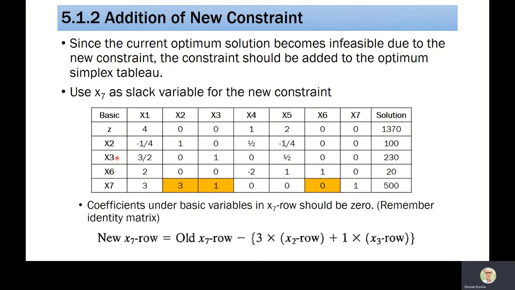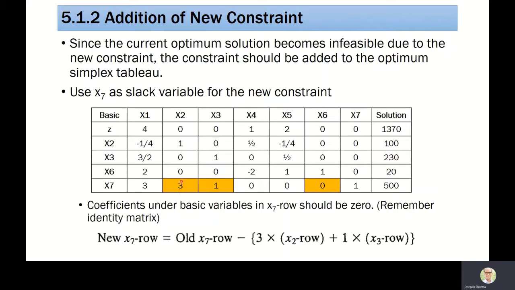Similarly, the second basic variable is x3. So we have 0, 1, 0, and this is 1. This should be 0 because it should be the coefficient of the identity matrix. Similarly, if we look at x6, here it is the identity matrix, so no issues. x7 is also the coefficient of the identity matrix.